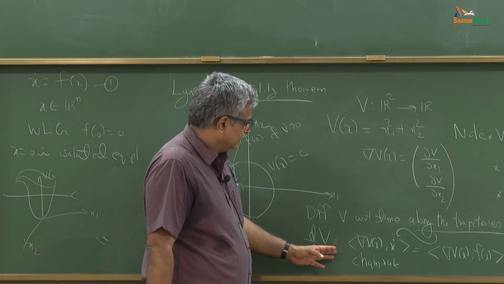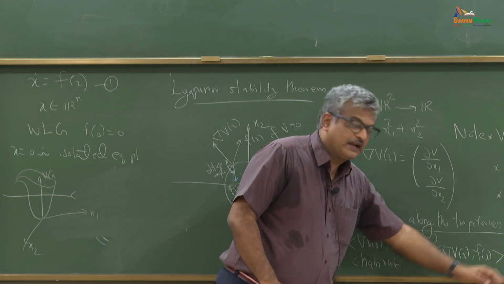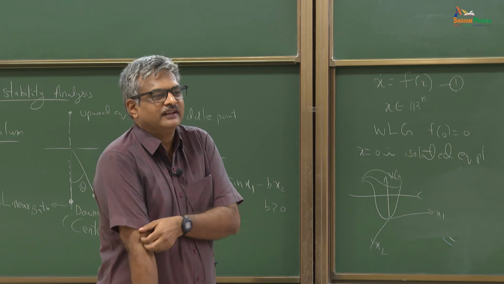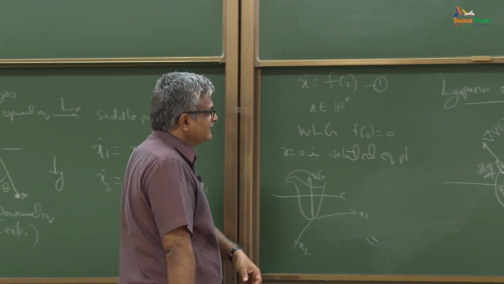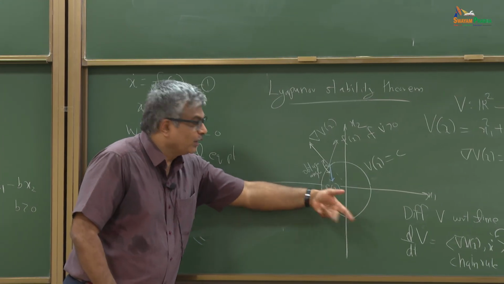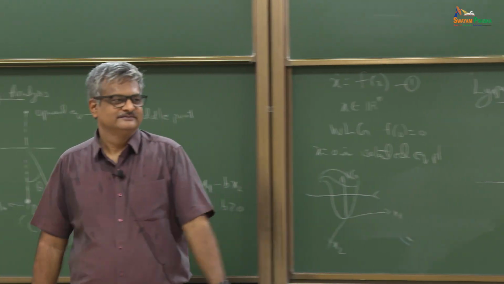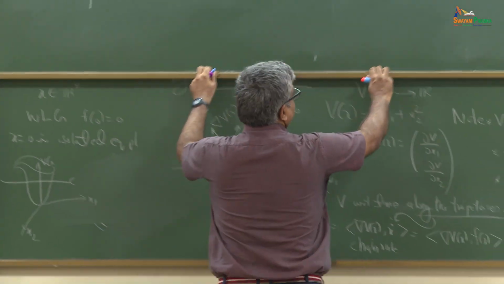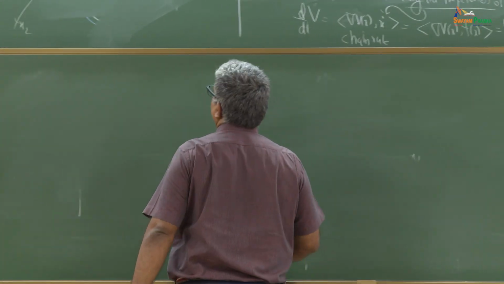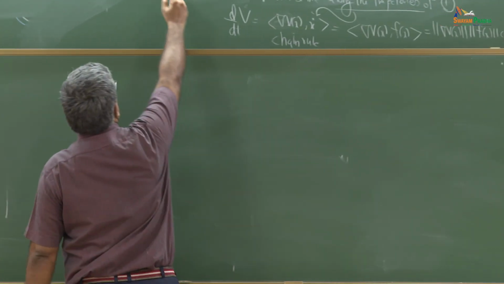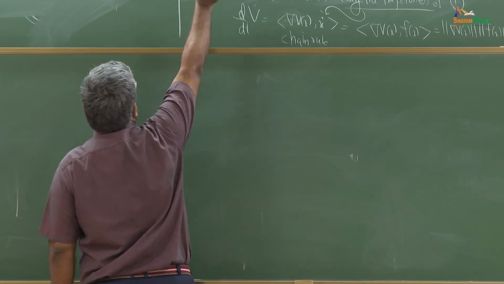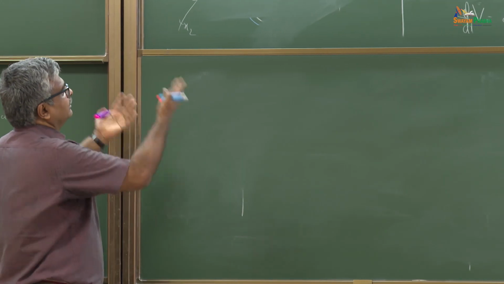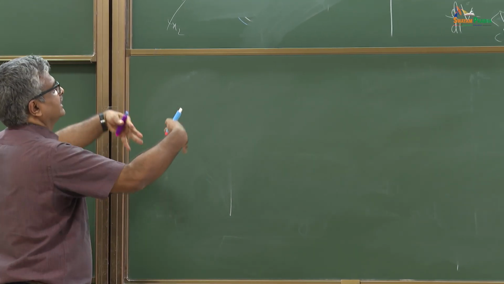If you show that your V dot is negative at every point x, what does that mean? That means the vector field is at every point pointing inside. This part I am not interested in. When it is positive, then I cannot do anything. Of course, if you want to say whether it escapes out, then it will be helpful, but I don't want it to escape. I want it to get trapped.